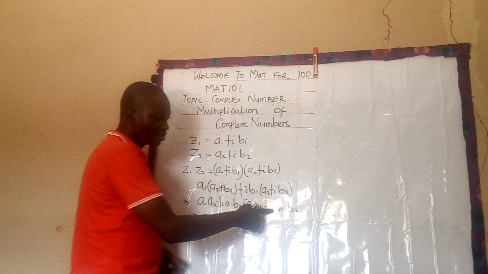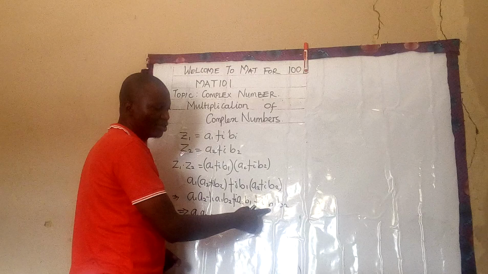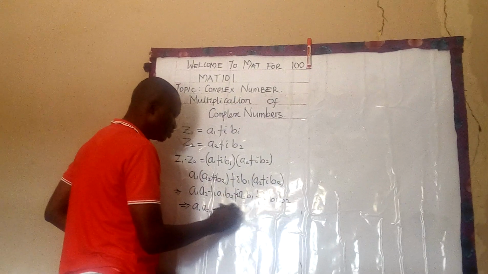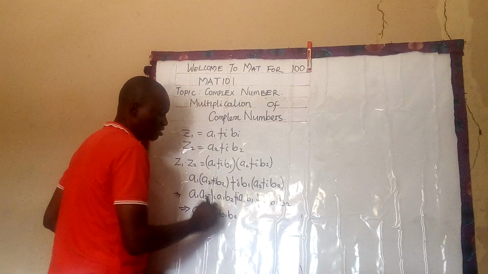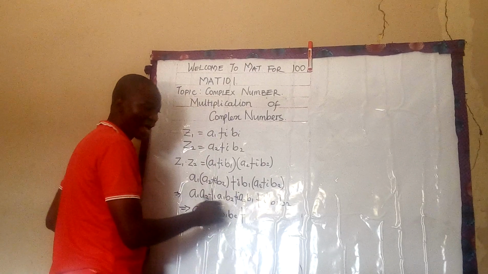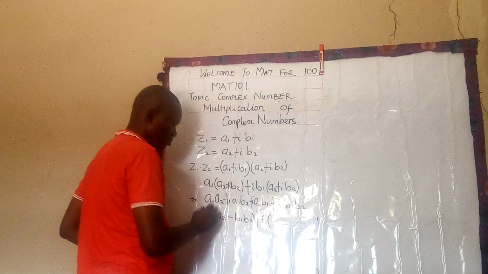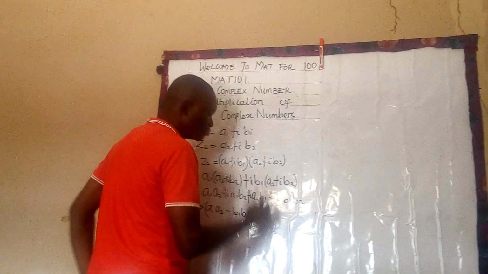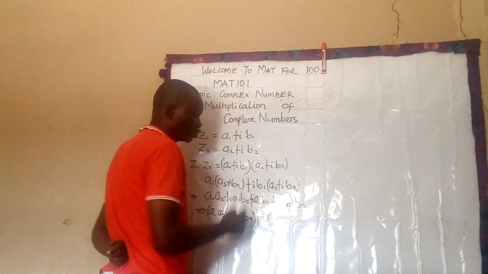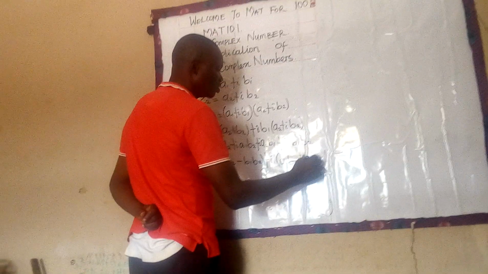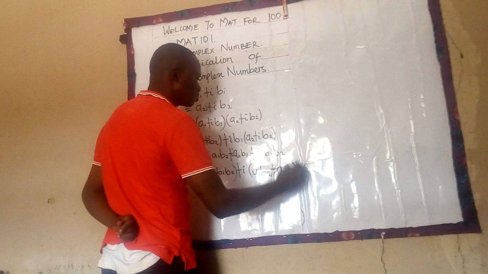So this becomes i squared B1 B2, so I have minus B1 B2. So this is the real part. Then I have plus i is common to both of them. So let's factorize i out. So then we have A1 B2 plus A2 B1.